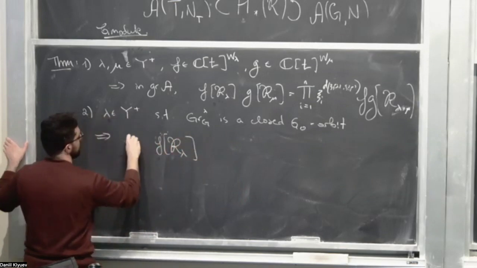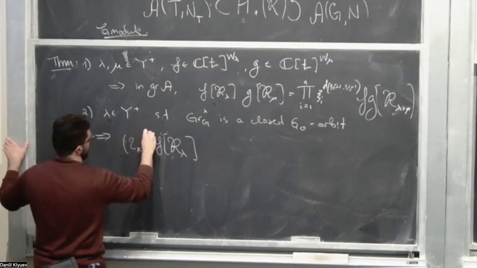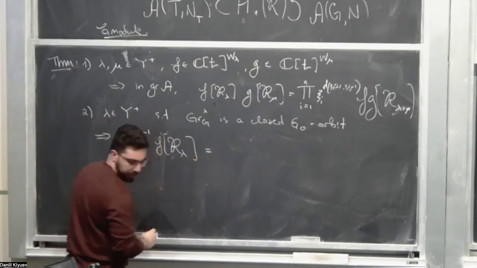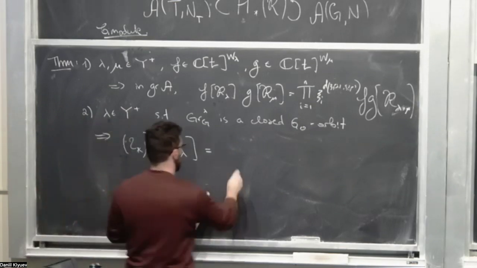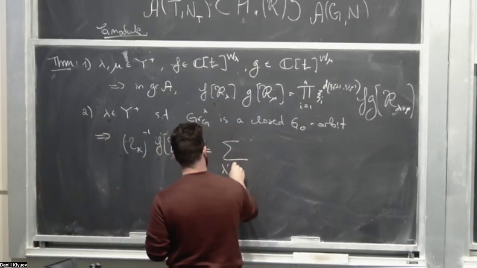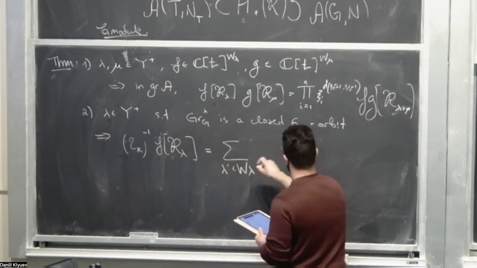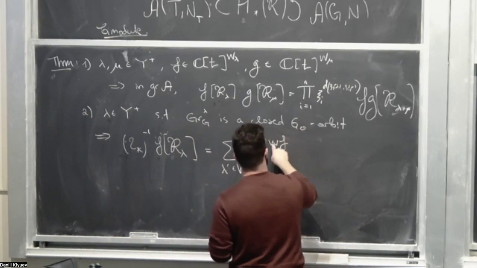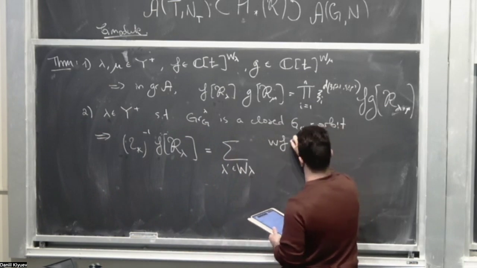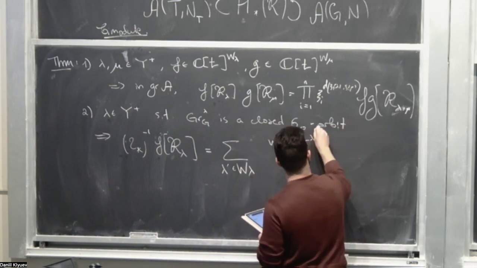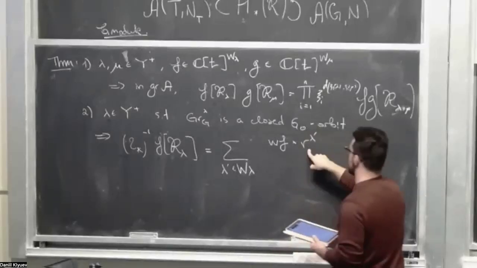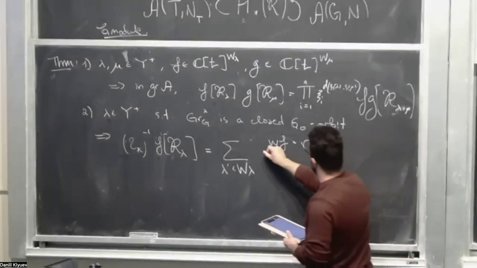put any coefficient there. So up to taking the inverse of this isomorphism, this element is expressed by a sum over the Weyl orbit of lambda, Weyl acting on this thing times, so remember, this is the generators in the abelian case.